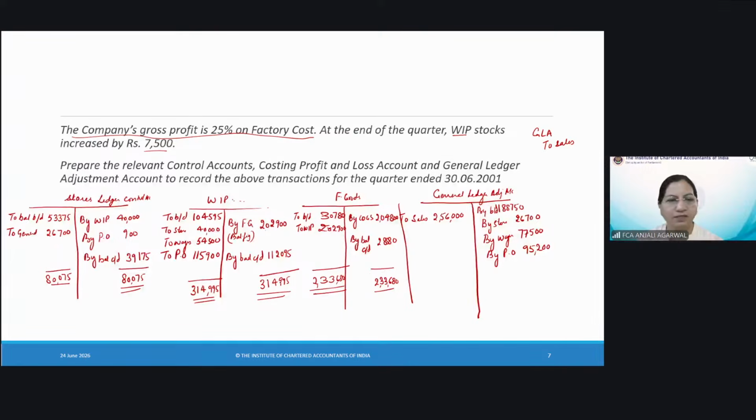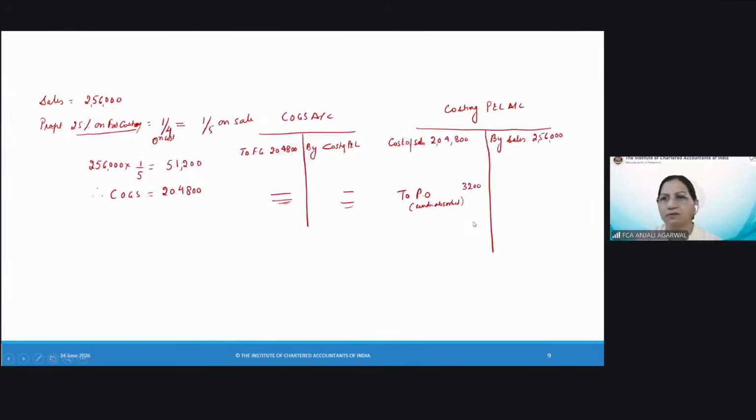So what remains to be balanced? General ledger adjustment account and costing P&L account. So what is the difference here? This profit will move to the general ledger adjustment account, as net profit transferred. Let's see how much is the net profit. 2,56,000 minus 2,04,800, that is 51,200.